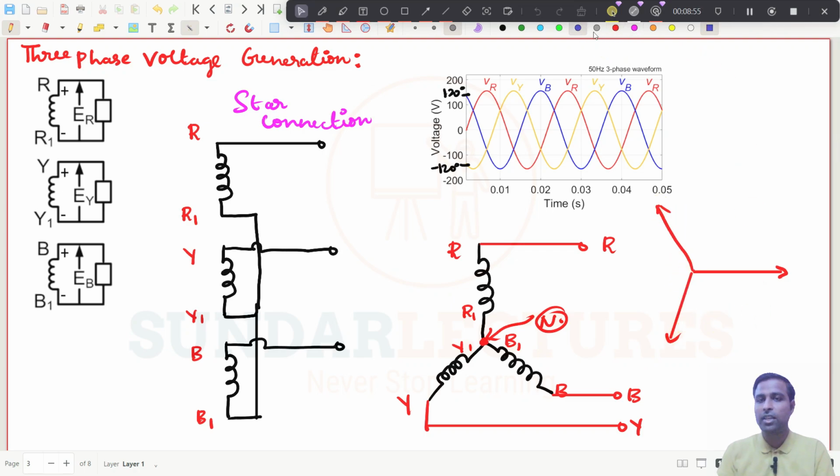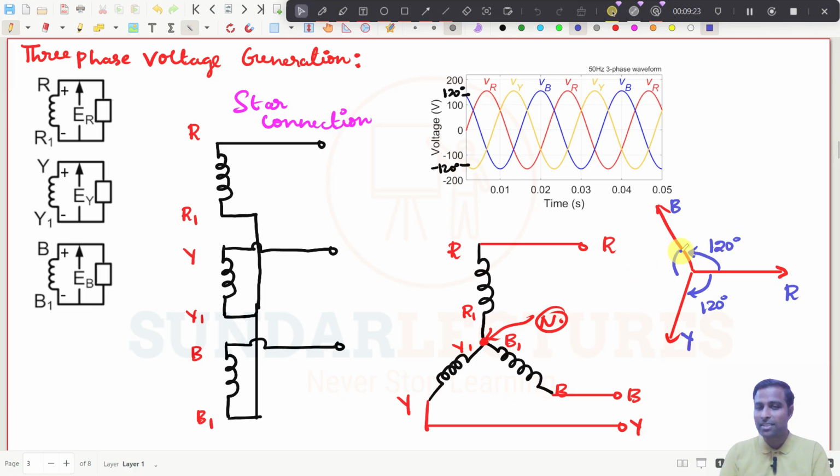You see this is R, this is Y, and this will be B. See, what is the angle between these two? This will be 120 degree, which means if you are going in the anti-clockwise direction, then this Y is lagging the R by 120 degree, and then you can write like this B actually leading R by plus 120 degree.